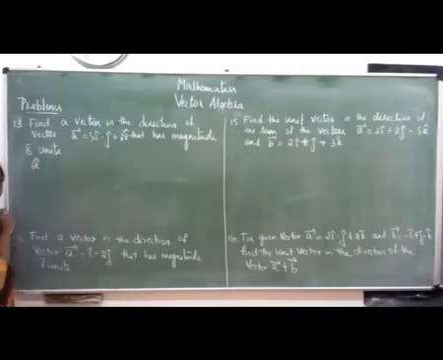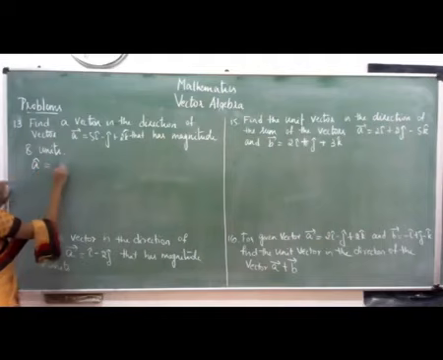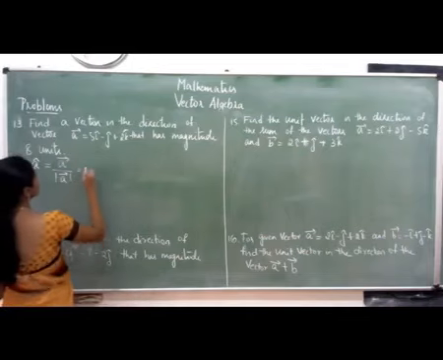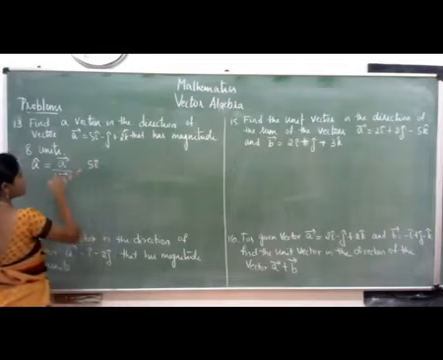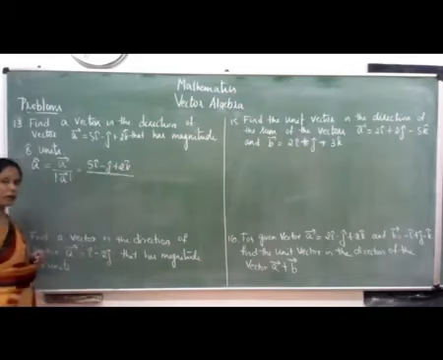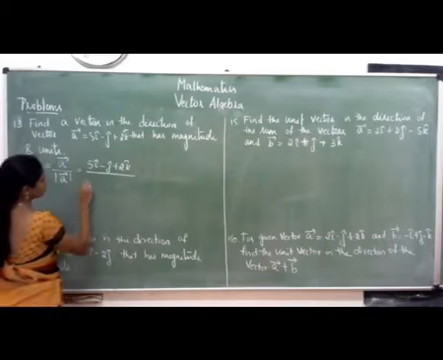The unit vector definition formula is given by a cap is equal to vector A divided by magnitude of vector A, which is equal to 5i cap minus j cap plus 2k cap divided by the magnitude of vector A, which we should find.